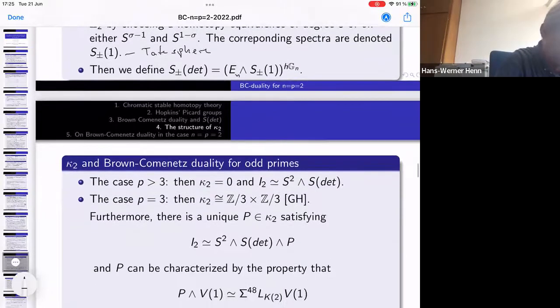I won't go into the detail because that's not really the new work, but this P can be characterized by the property that if you take the smash product with V(1), a Toda-Smith complex, then you get the 48-fold suspension of L_{K(2)} V(1).